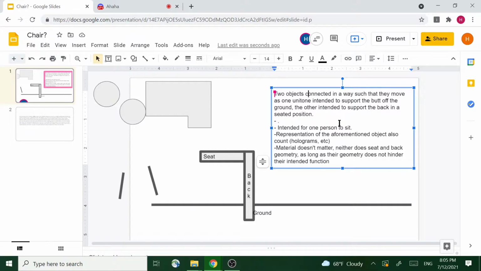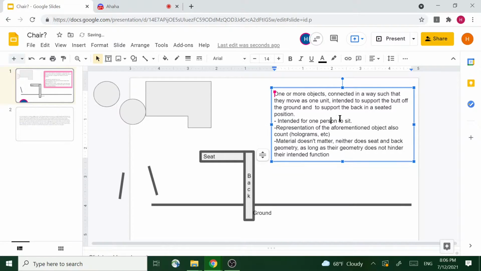One object. So it's not two objects, it's one or more objects. Yes, one or more objects intended to support the butt off the ground and to support the back in a seated position. And then this is intended for one person. Representation also counts. Material doesn't matter.